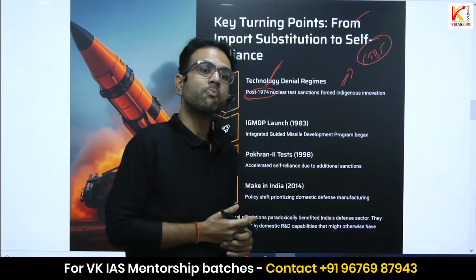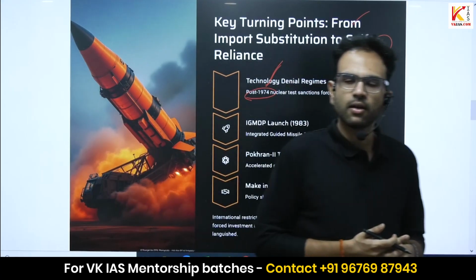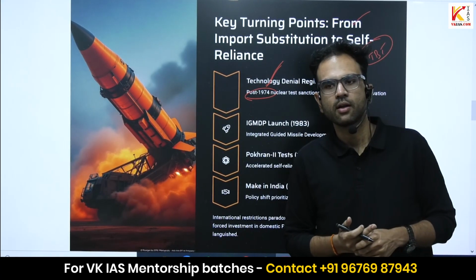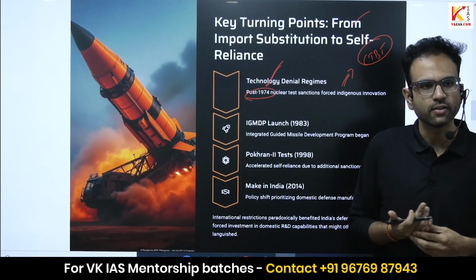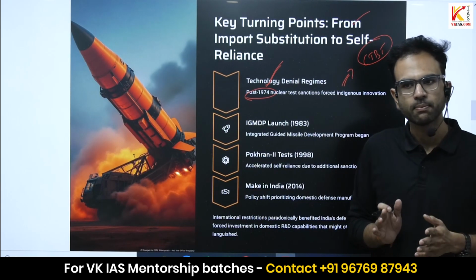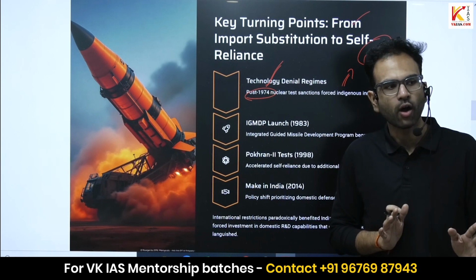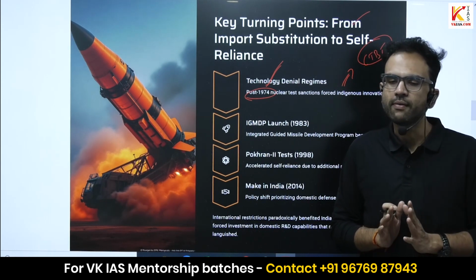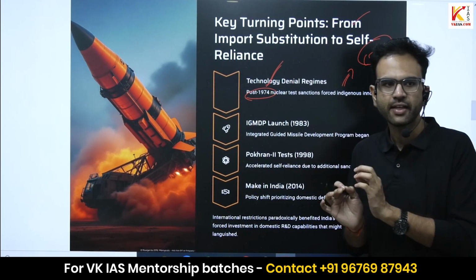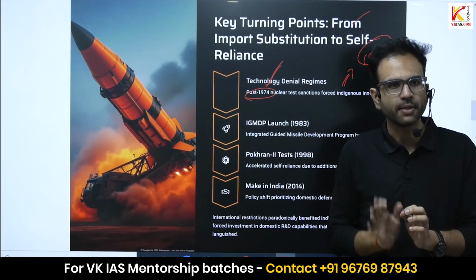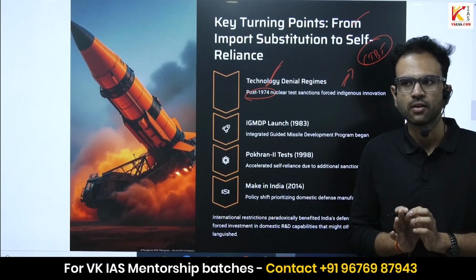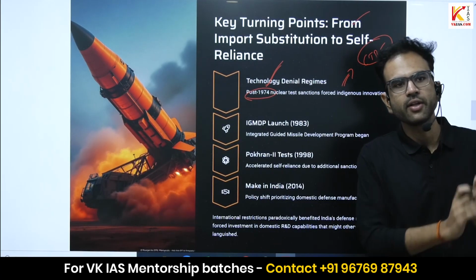But there is symbolism in our projection towards the world which clearly tells our intent. Why are we doing this? We are doing this for peace, not for war. How did we do that? By naming that test as Operation Smiling Buddha. Buddha stands for peace. So the intent is clearly communicated.